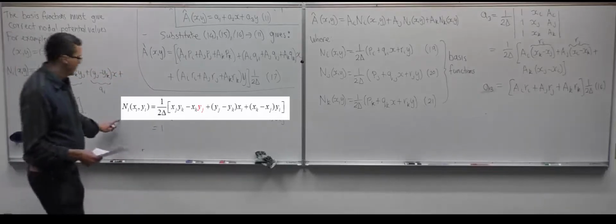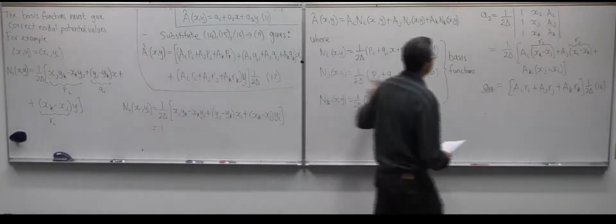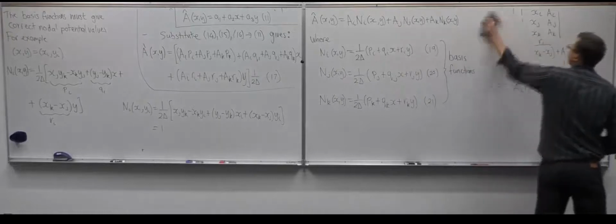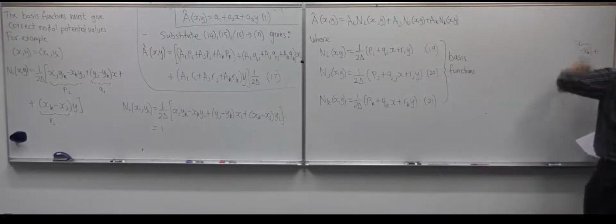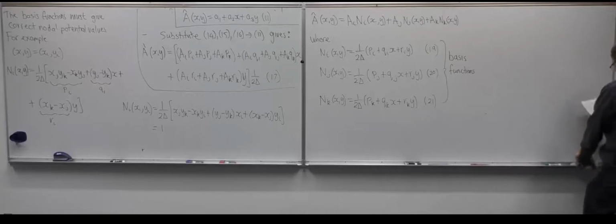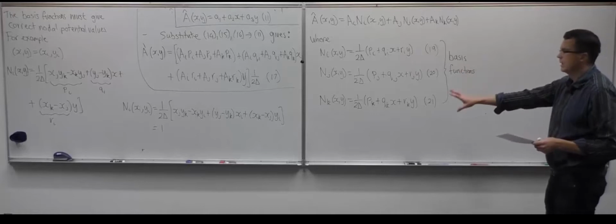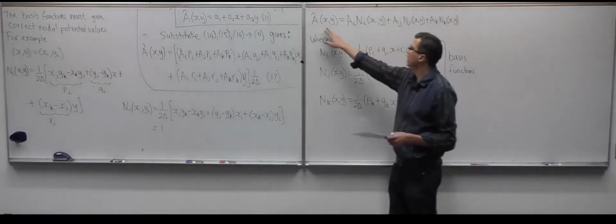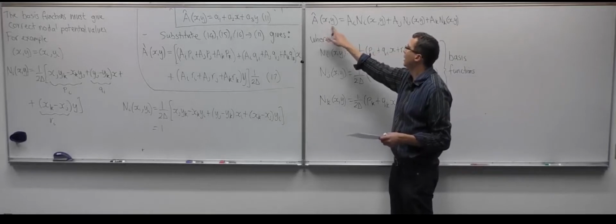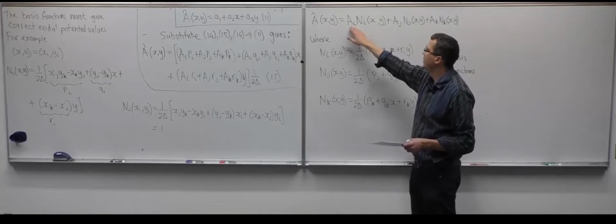So let's then evaluate Nj and see what we get. Again, what we're trying to do here is check that if we substitute xi, yi into the trial function, we should get out just ai, because that's the value at xi, yi.